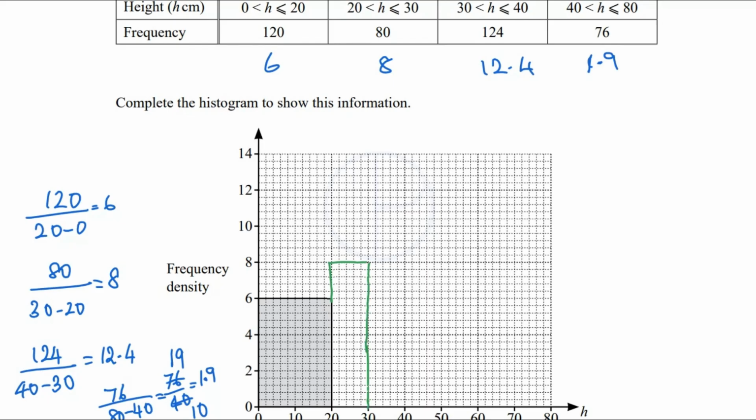Next it is 12.4 from 30 to 40. The difference is 2 here. So each small subdivision will represent 2 divided by 5, which is 0.4. Next 40 to 80, it is 1.9.